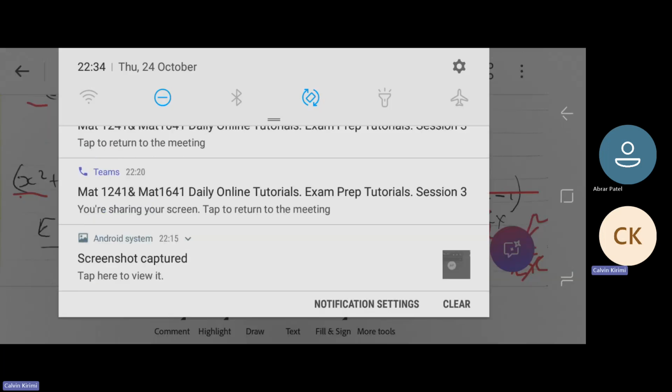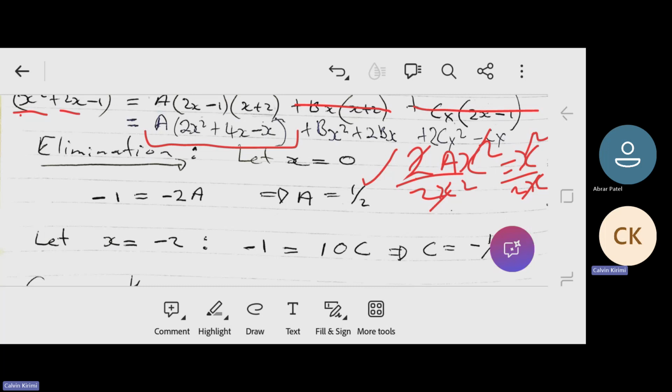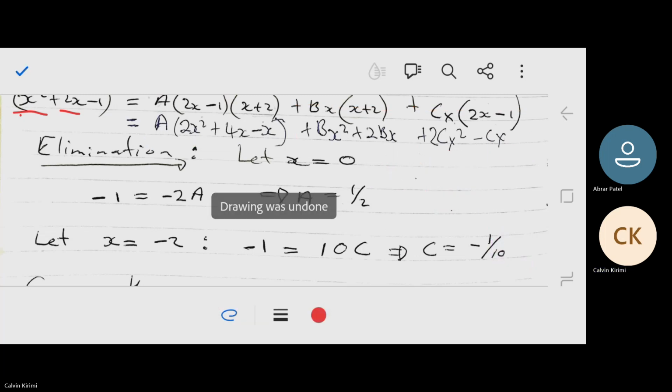Okay, fine. Let's continue. And then now we can solve for c by letting x equal negative 2. So if x is negative 2, now we can solve for c. Why can we solve for c? Because we have eliminated b and a. These are out. Now we can solve for c.